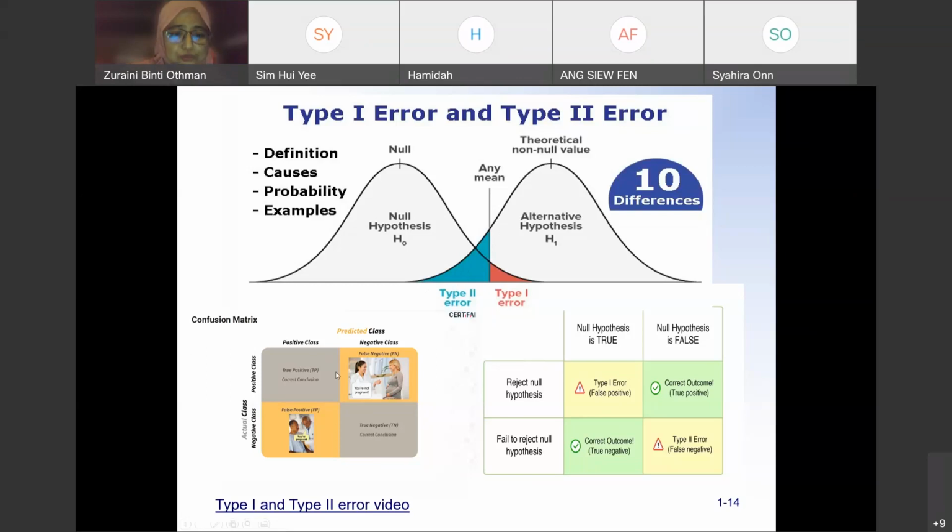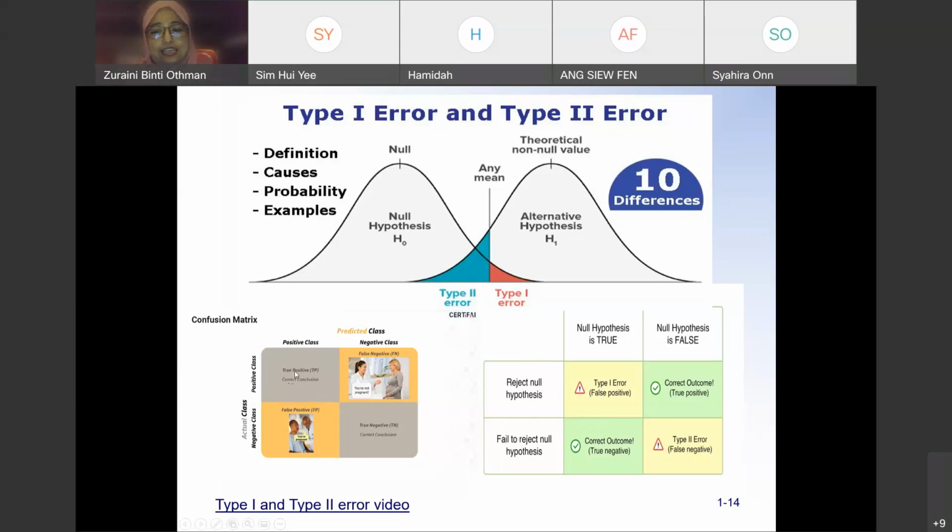But for the machine learning class after this, you will see the confusion matrix. When you see the confusion matrix, it involves true positive, false negative, true negative, and false positive. It is type 1 and type 2 error. For example, true positive is a correct conclusion.